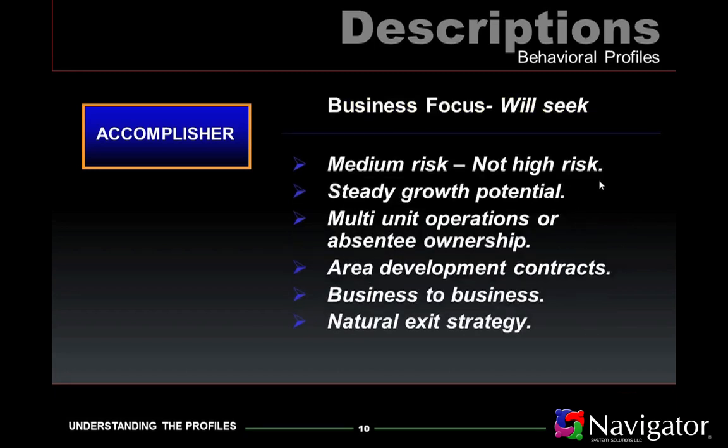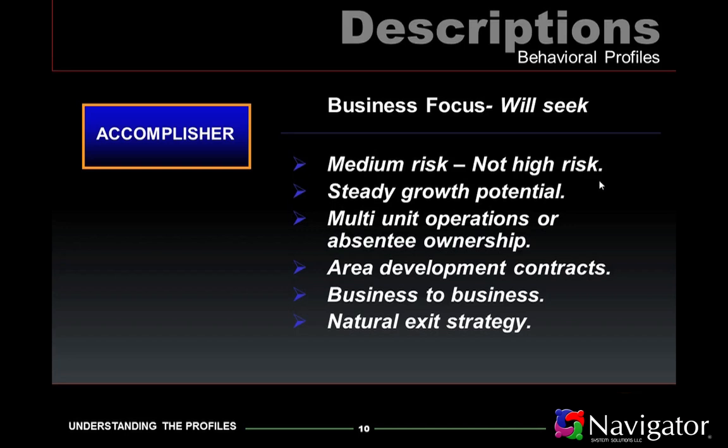And from a business standpoint, they're going to seek something that's medium risk, not high risk. Then in any kind of position, sales or business ownership, they're going to want steady growth, a business and industry that promises potential. In a business environment, they may want to consider owning more than one location, or in a sales environment, having multiple territories or areas in which they can develop.